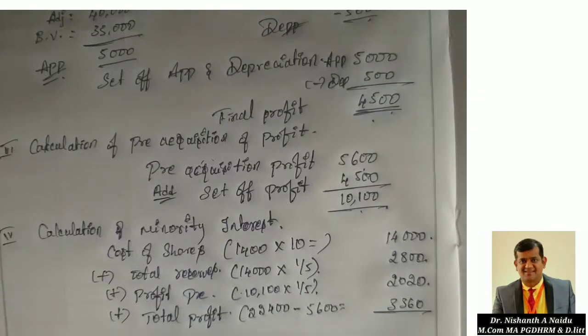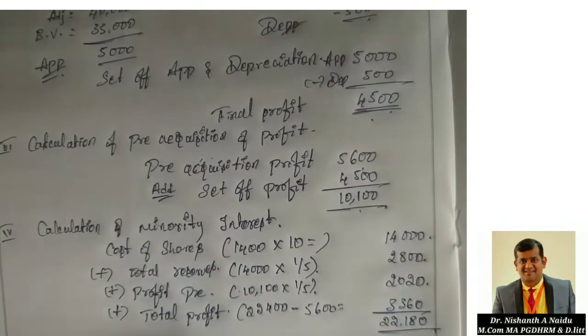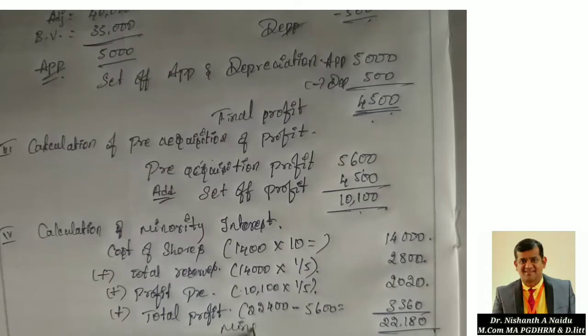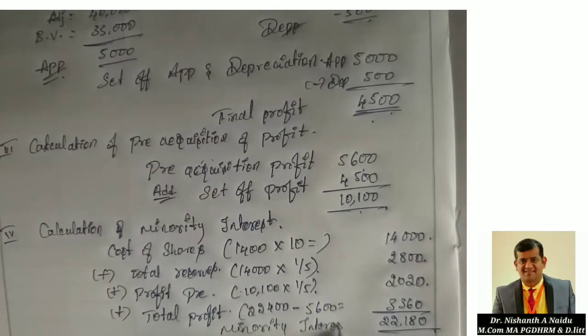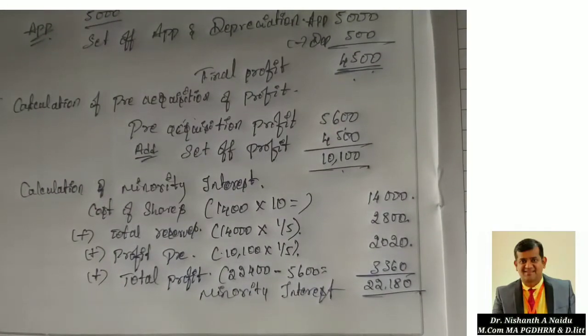So now total it. So 22,180 rupees I am getting. That is the minority interest. Minority interest. So I got minority interest 22,180.